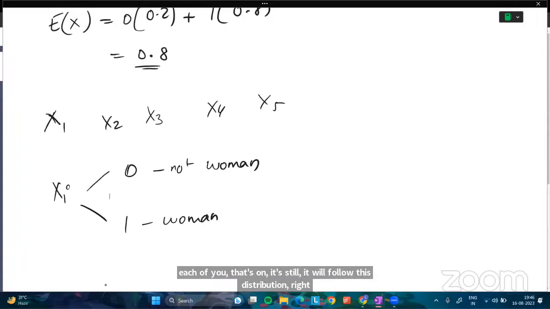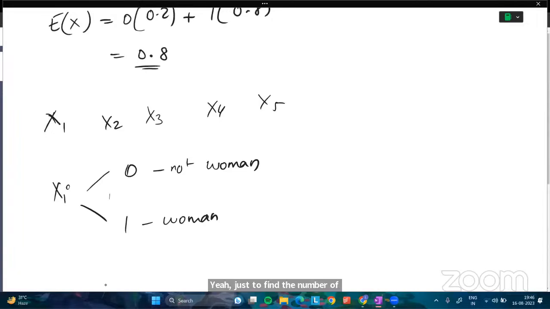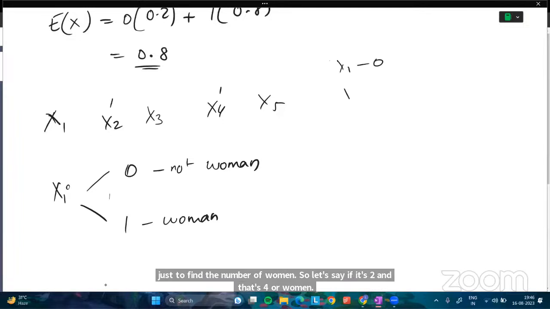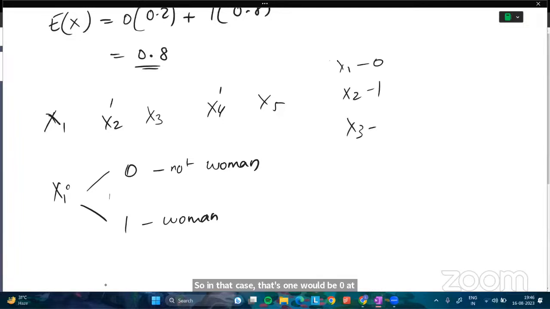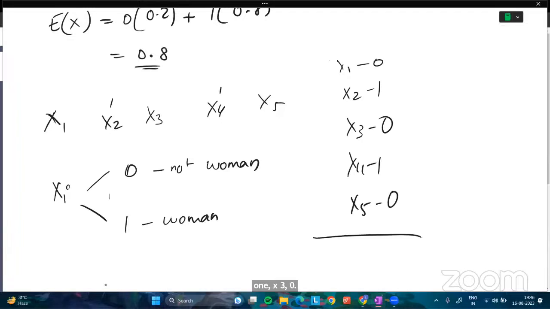Yes, ma'am. Just to find the number of women, let's say x2 and x4 were women. In that case x1 would be 0, x2 would be 1, x3 0, x4 1, and x5 0. To find the number of women, we can just add all these and we'll get 2. So that is the number of women, and that's why I put it as this.